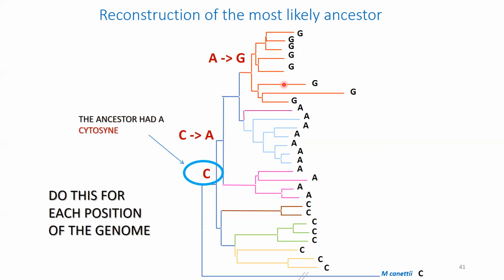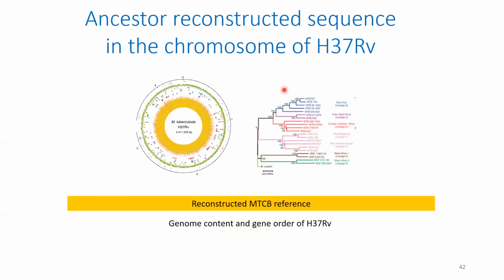So imagine we do this for each and every one of the 4,400,000-something genomic coordinates of H37Rv. In that way, we can reconstruct the ancestor sequence of this chromosome.